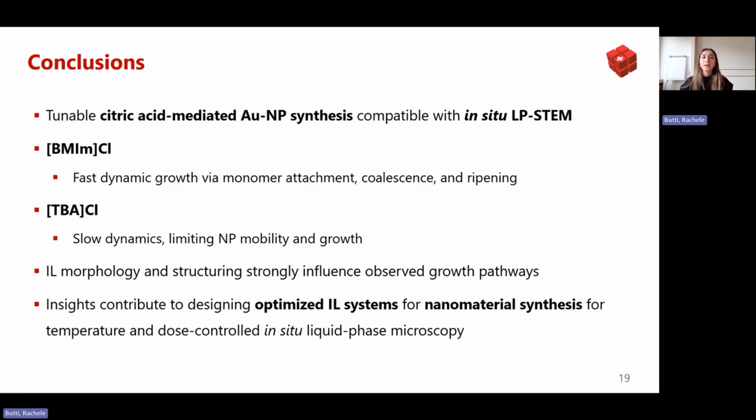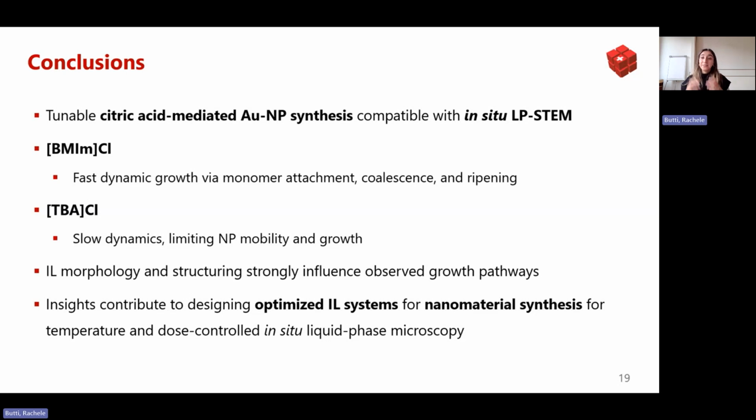This happened in two distinct ionic liquids as freestanding medium: BMI, an imidazolium-based ionic liquid, which promotes fast dynamic growth via monomer attachment, coalescence, and ripening, whereas tetrabutylammonium chloride, due to its high viscosity, promotes slower dynamics, which limits nanoparticle mobility and growth, due to their larger size as well.